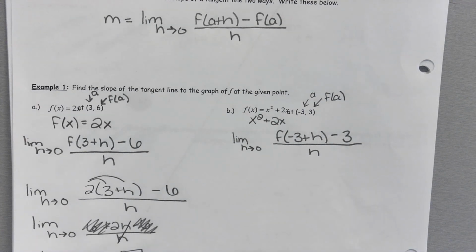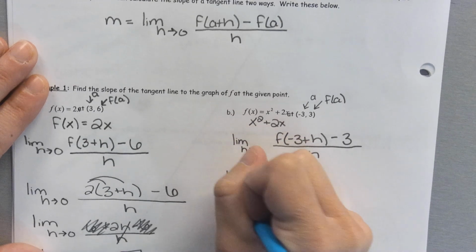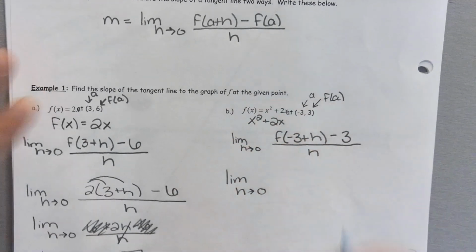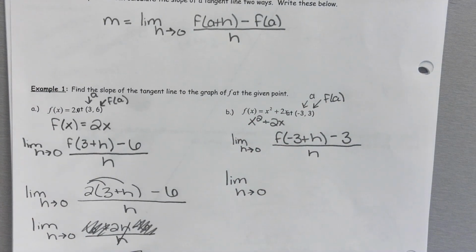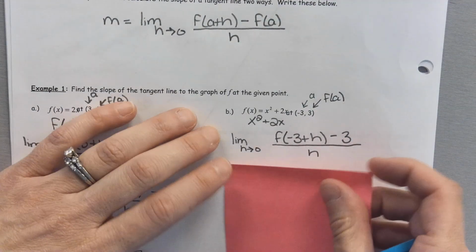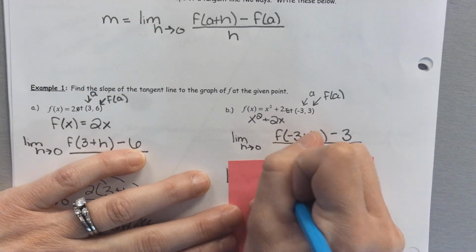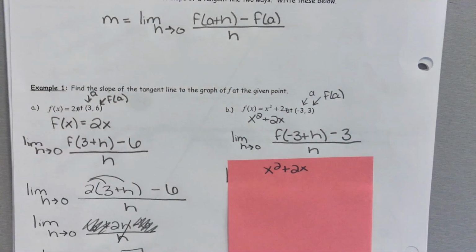All right, so my first step, we plugged in. Now, we're going to take this business and we're going to plug it in here. Okay? So the limit as h approaches 0. I think I'm going to do this on a little Post-it note because otherwise I might run out of space. So here's what I'm going to do. I'm going to think about x squared plus 2x for a minute.